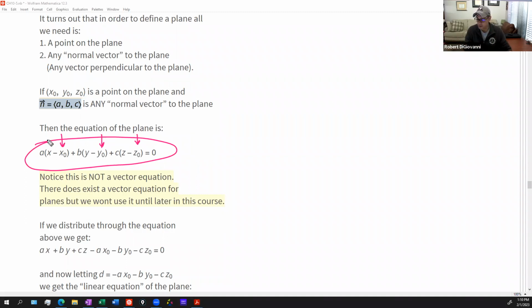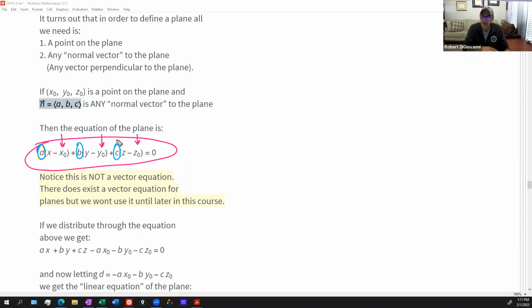And then here's the big thing. The A, the B, and the C, which turn out to be the coefficients of the variables x, y, and z respectively, those coefficients will always be the components of the normal vector.